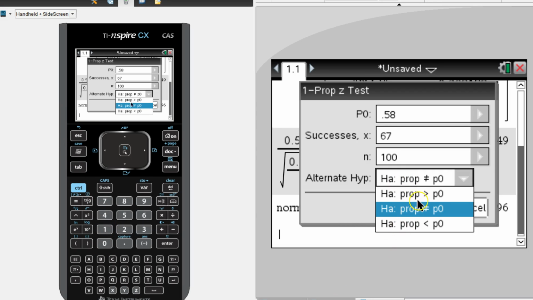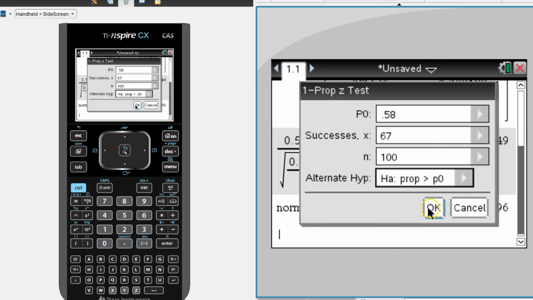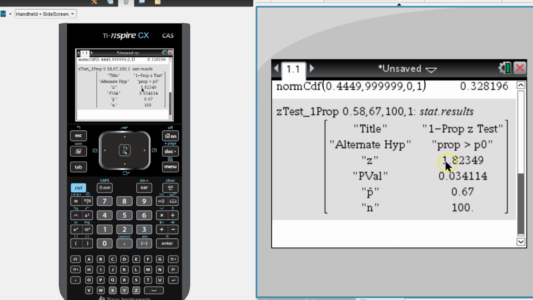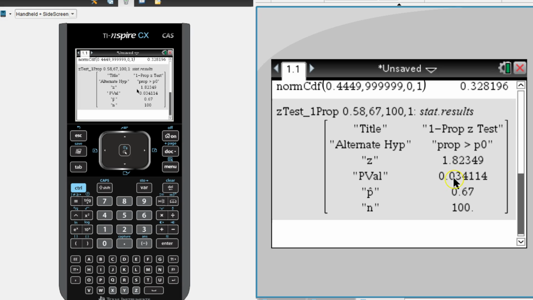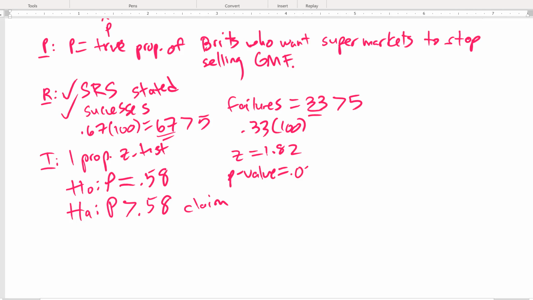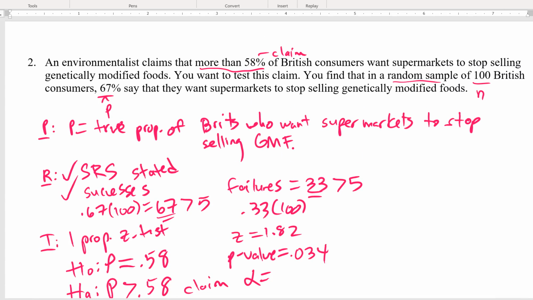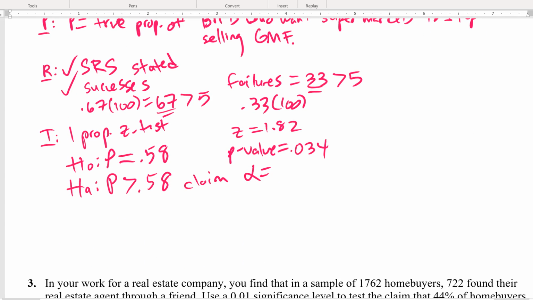And we're trying to prove greater than. Z-score is 1.82. P-value, how about 0.034? Alpha level. Did they give me a significance level? They didn't, so we're going to use 5%.